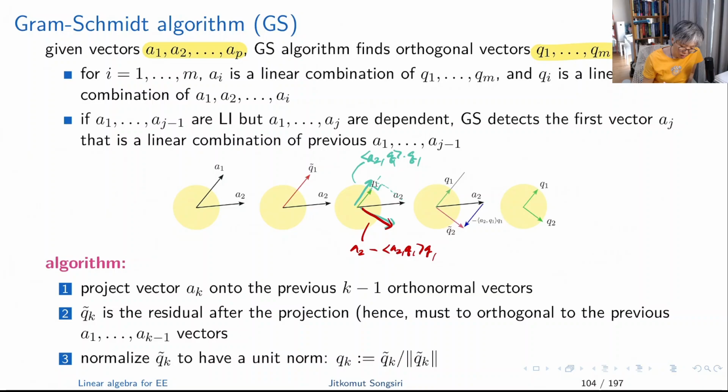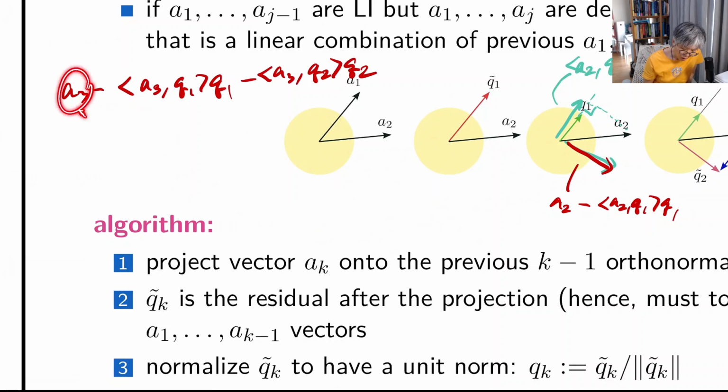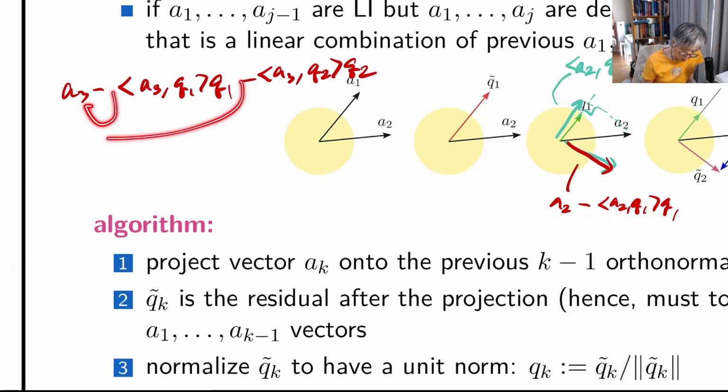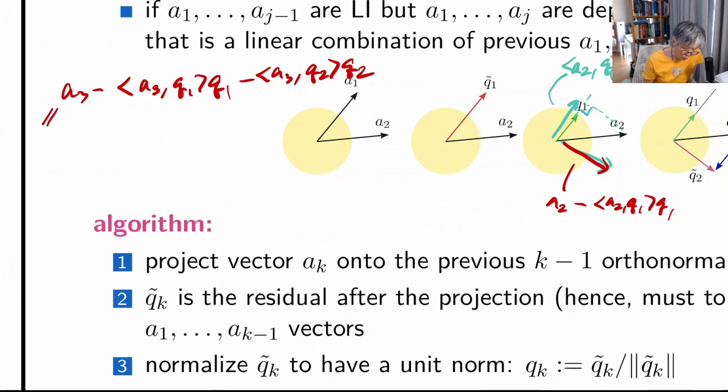With the third vector a3, you project a3 on q1 and you project it on q2. This is the portion you project on q1, and this is the portion you project on q2. After you subtract these from a3, this is the residual, so you assign it as q3 tilde.